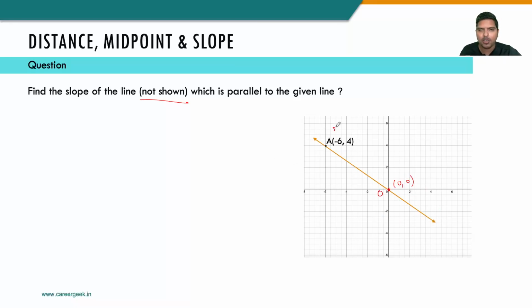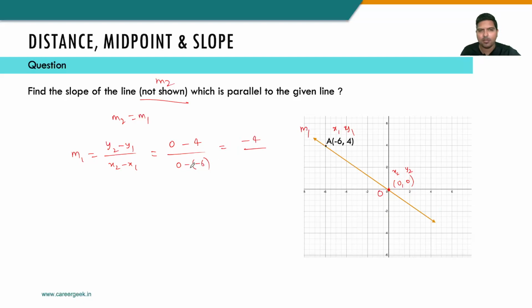So we have 2 points, x1 y1 and x2 y2. For parallel, let's say this slope is m1 and the not shown one is m2. We know that m2 is equal to m1. For parallel lines, the slope is the same. So let's find the slope of line 1, the given line. y2 is 0, y1 is 4, x2 is 0, x1 is -6.